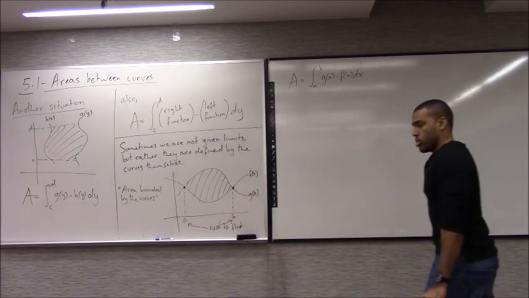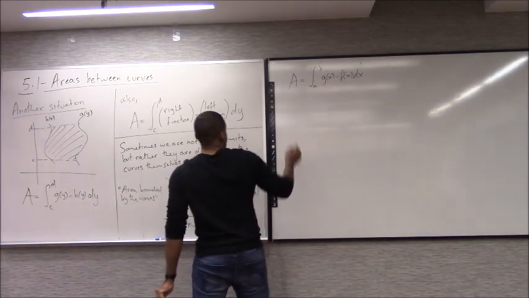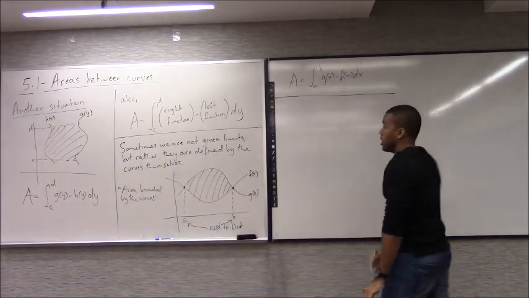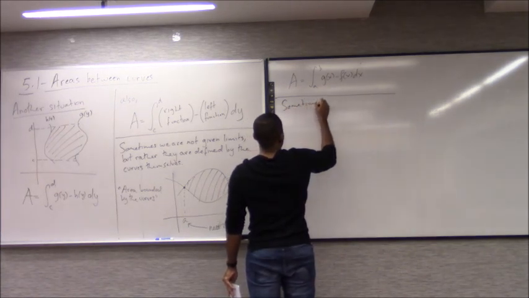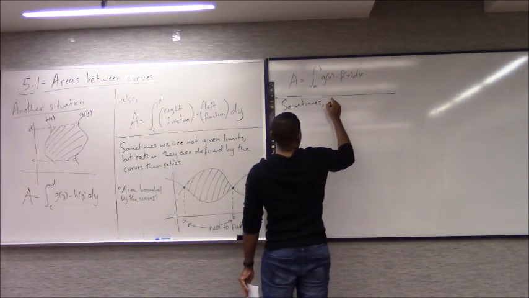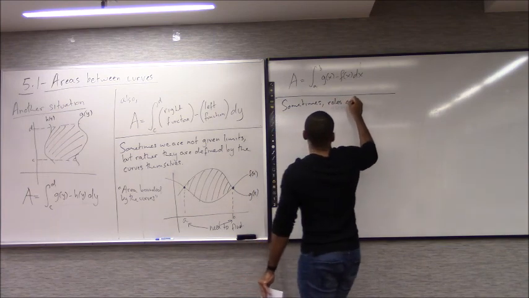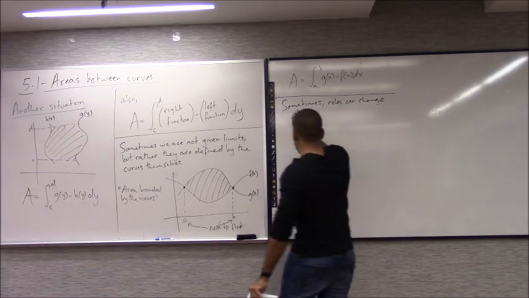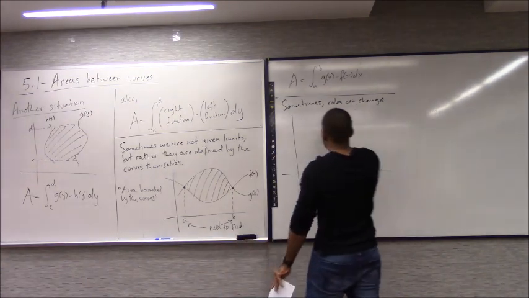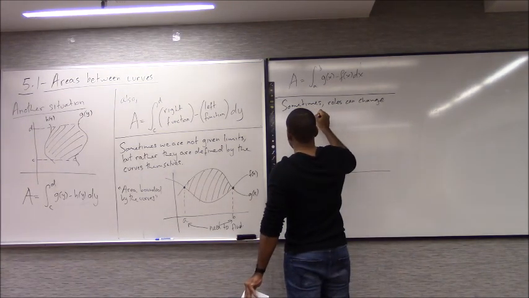You can have that sort of situation. Another situation is that sometimes roles can change. There's another situation you have to be aware of. Sometimes it's going to look the same.